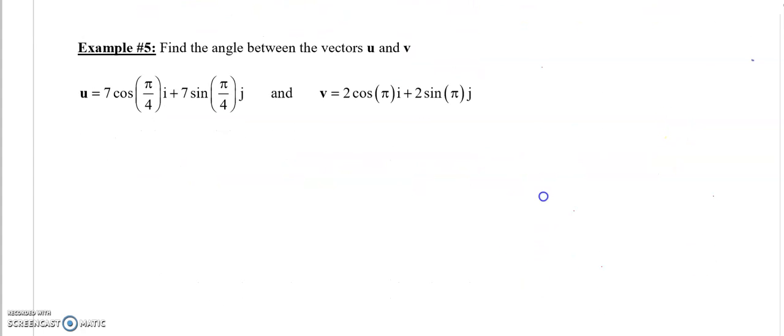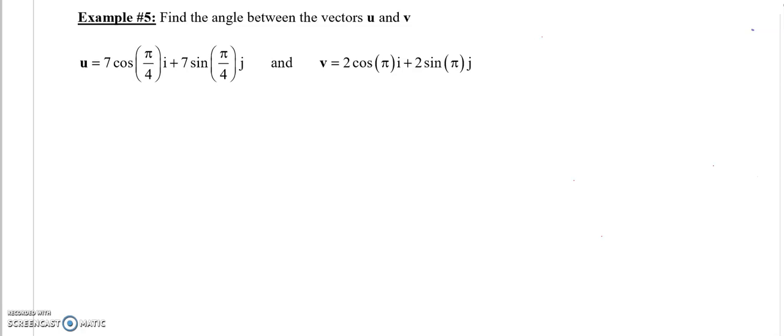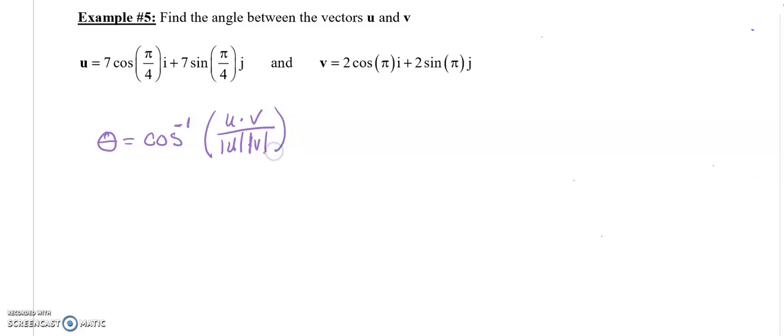So, oops, sorry about that. If I look at example 5, I want you to find the angles between vectors u and v. So we must remember that we have this formula. This is one way that we can find the angles between. As always in mathematics, there's typically more than one way to do things. And so if you have a different method that's mathematically correct, feel free to use that.